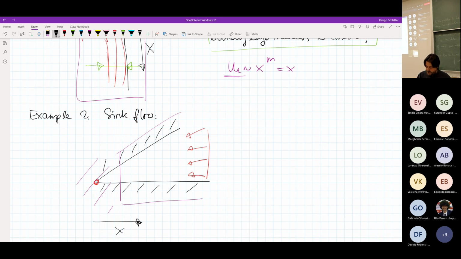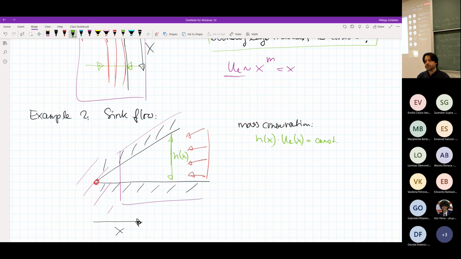Then, one thing we can directly write down is from mass conservation. If I call this height h of x, then I know that h of x times ue of x needs to be constant.